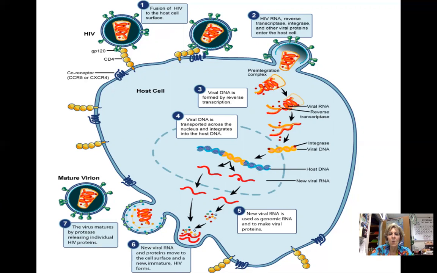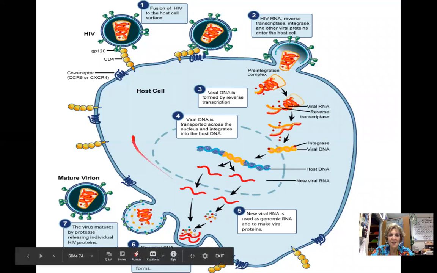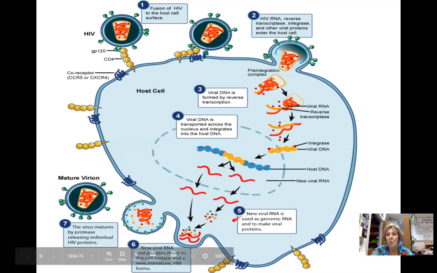And so then what happens is that eventually this host DNA would direct the production of new viral RNA and proteins. It doesn't show this here, but the cell machinery would make more viral proteins, HIV proteins.